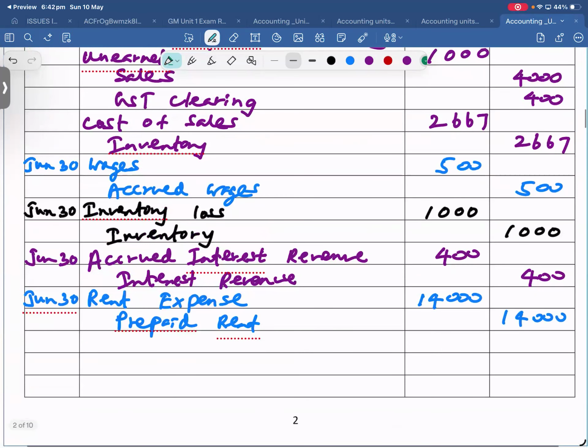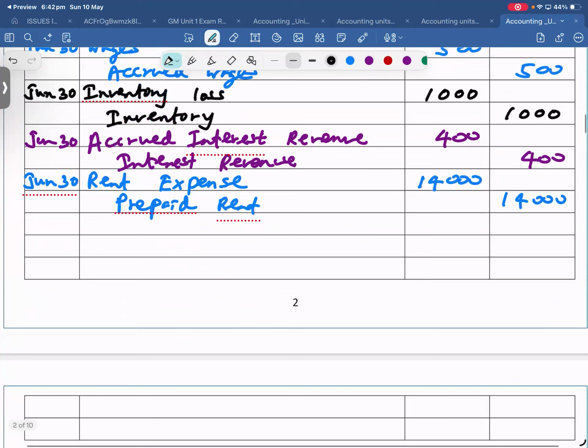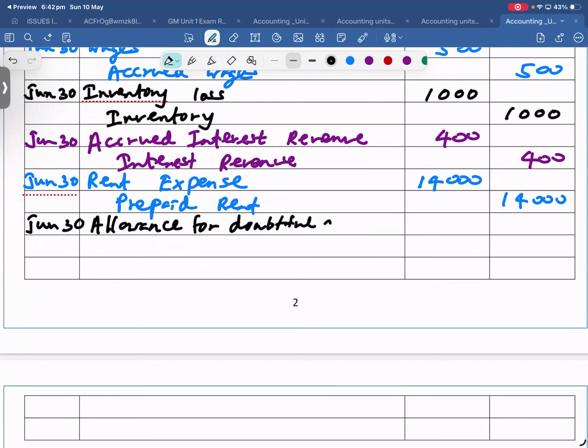And then for setting up the bad debt expense. So first we will finish this one. I did debit the allowance for doubtful debt.